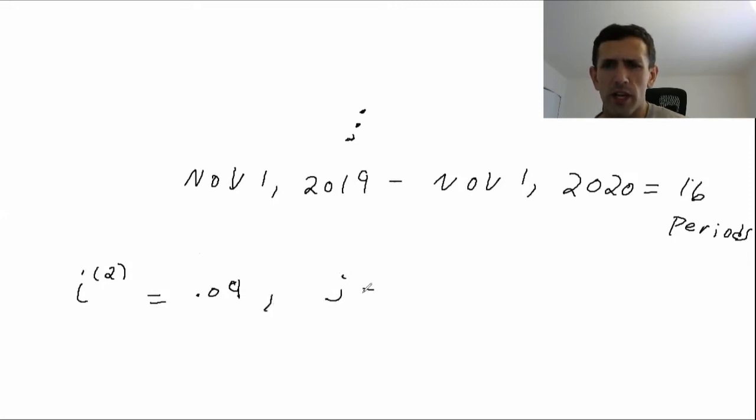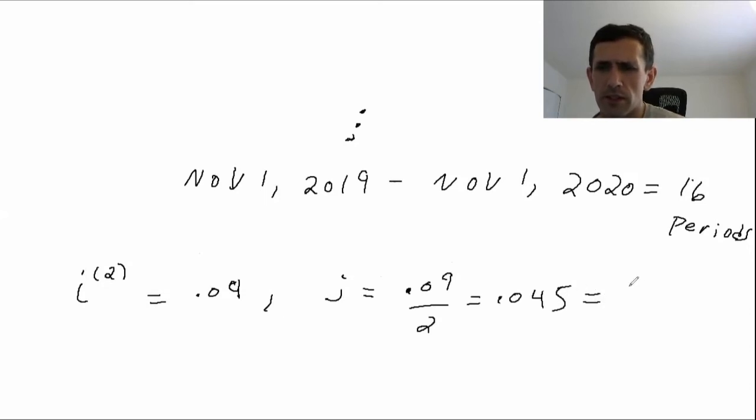Okay, so we get our per period interest rate as 0.045. So this is our 6-month interest rate.